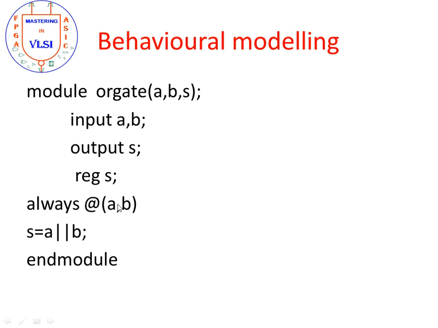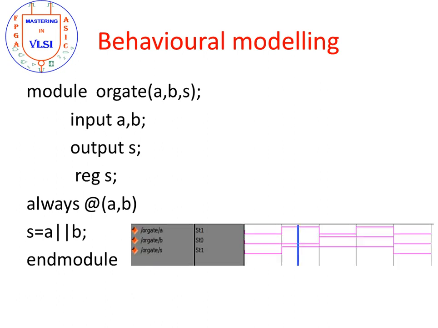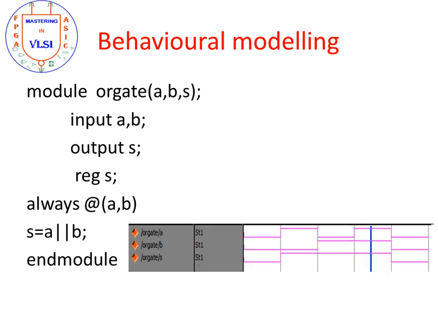Generally we call this signal list a sensitivity list. If any one of the signals changes, then the code below will be executed. That is the meaning of a sensitivity list. Of course, it ends with endmodule. So the corresponding output is like this, see here.